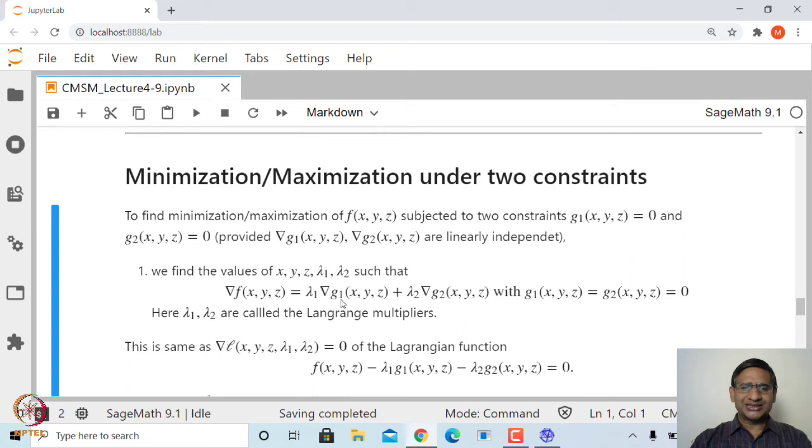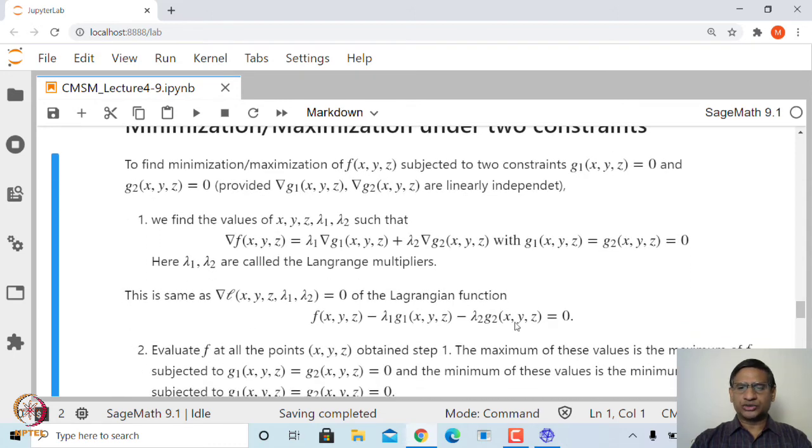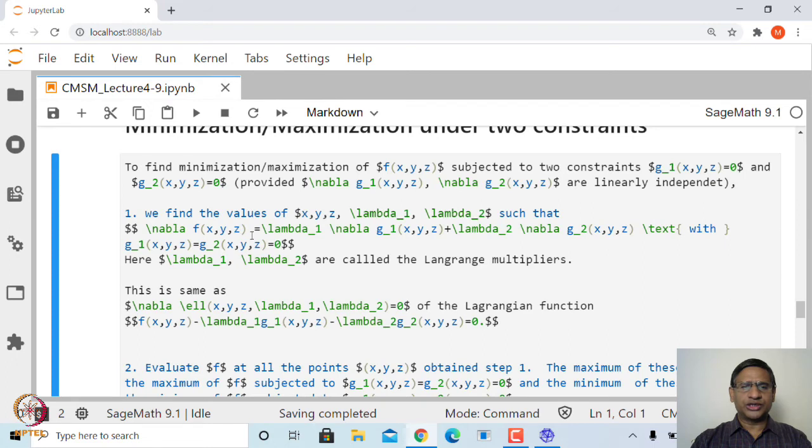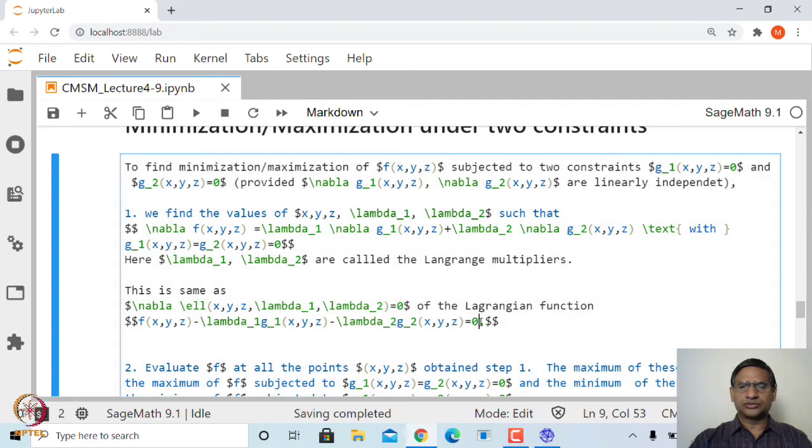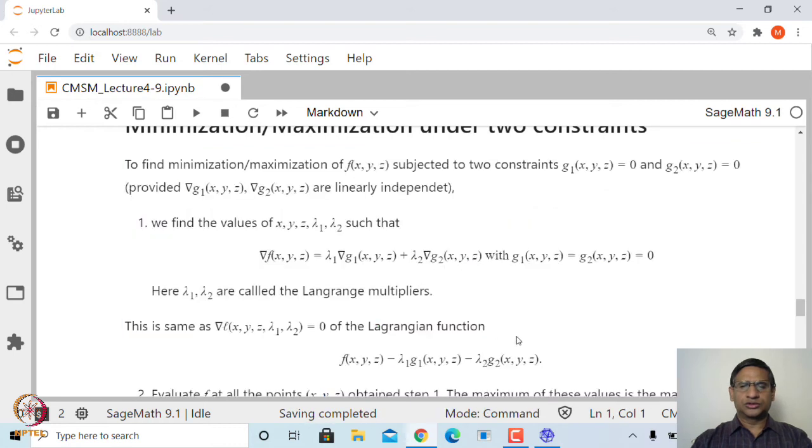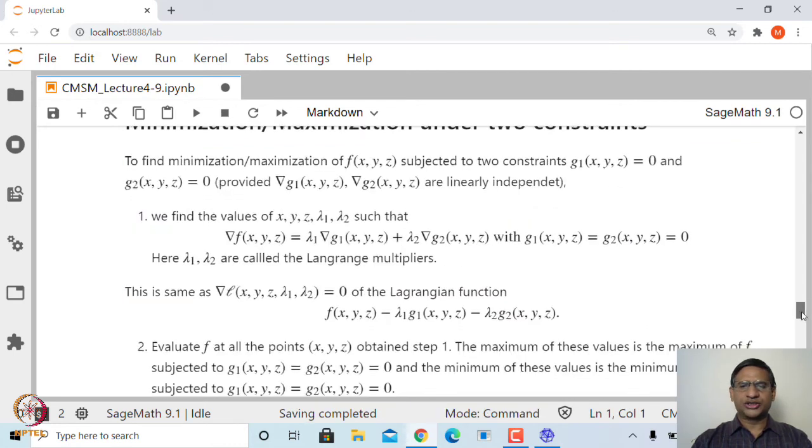Again, this particular set of equations can be thought of as grad L(x, y, z, lambda 1, lambda 2) equal to 0, where L is f(x, y, z) minus lambda 1 g1 minus lambda 2 g2, which is called the Lagrangian.